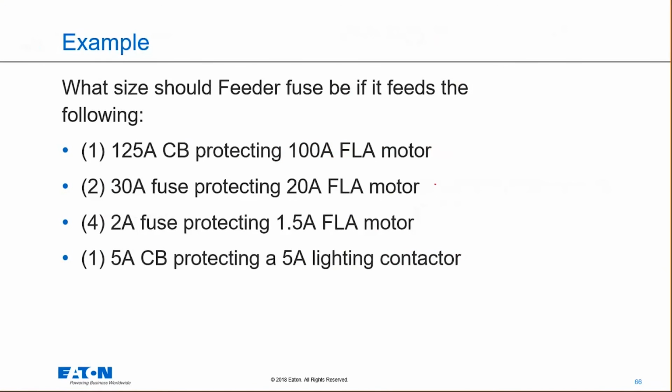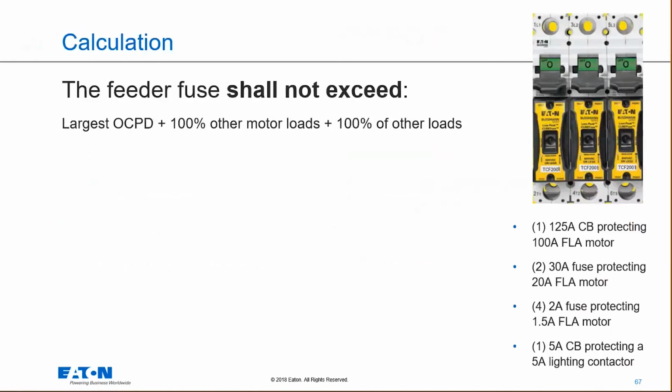So if we go through our rules that we just came across, we have our largest overcurrent protective device, plus 100% of other motor loads, plus 100% of other loads. We did not have any heaters in there. Otherwise, if we had heaters, we'd add 125% of the heater load. But in this particular case, we don't have that.